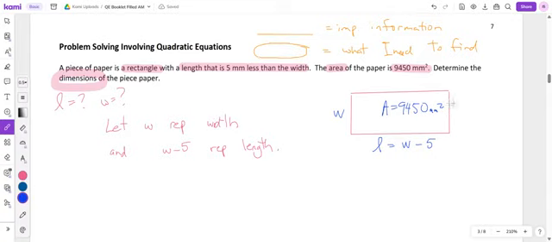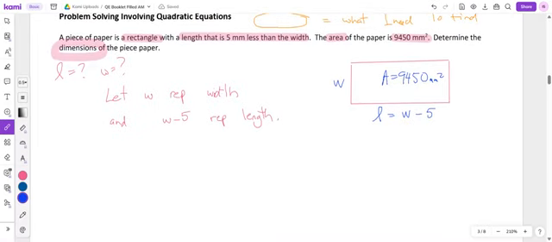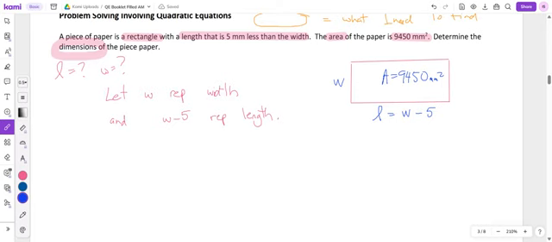This picture actually describes the whole question, pretty much. And so there's a reason why we are working on this question in a solving quadratics by factoring lesson.